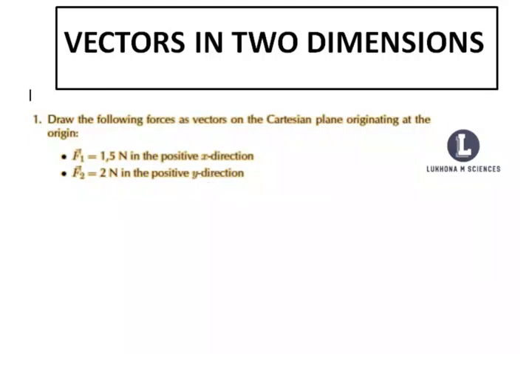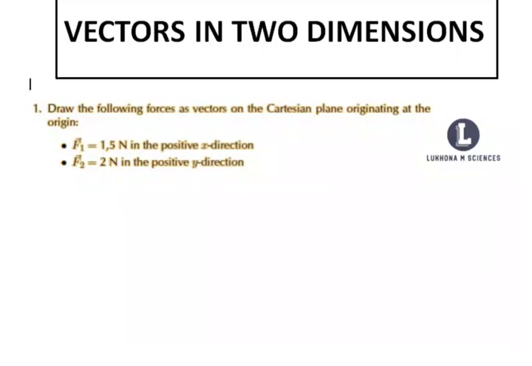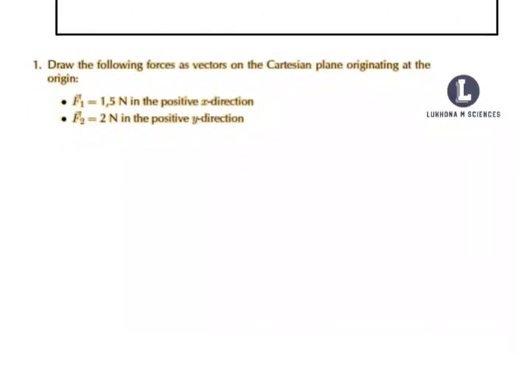So this one is very easy. Remember, step number 1, you must know your total force x. In this case, our total x is 1,5 newtons. Then our total force y is just 2 newtons.